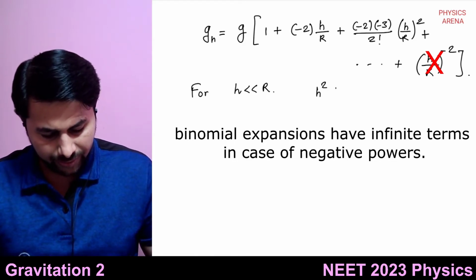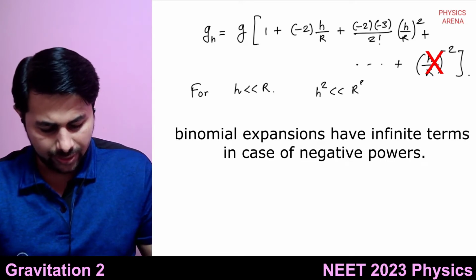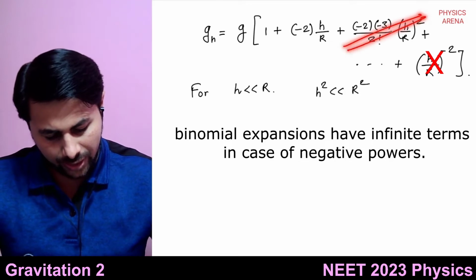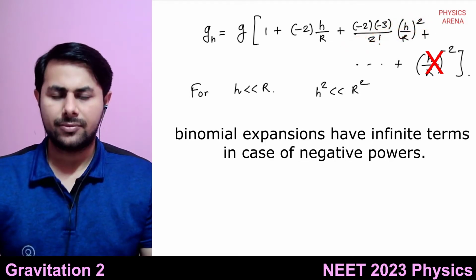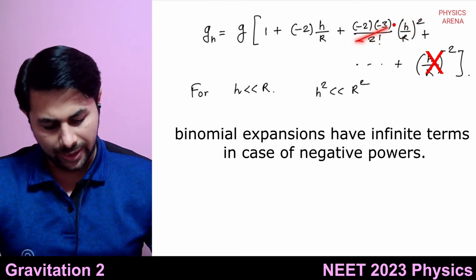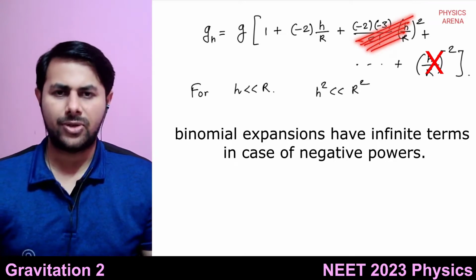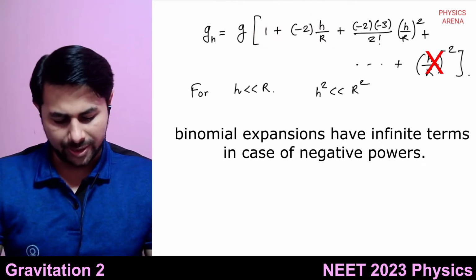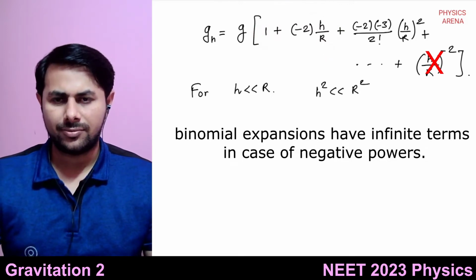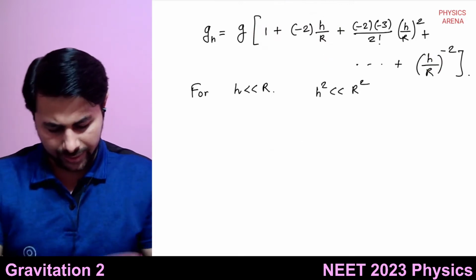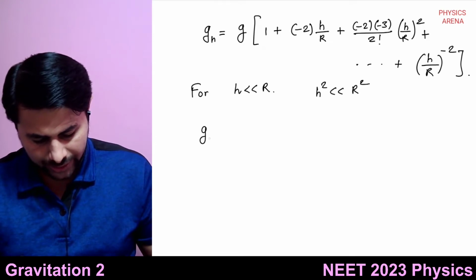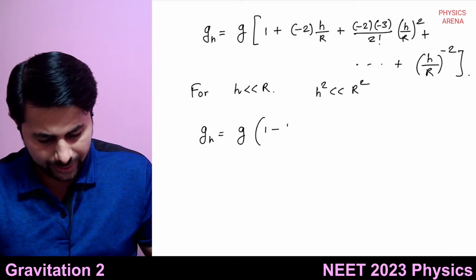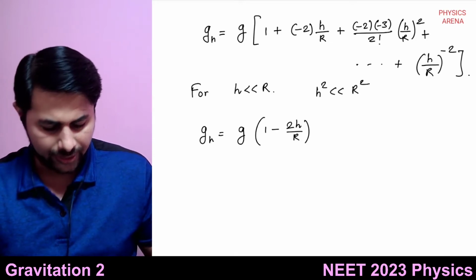Then you neglect all terms after this point, and you will be left with 1 minus 2h divided by r only. So then you have gh equals to g multiplied by 1 minus 2h upon r only.